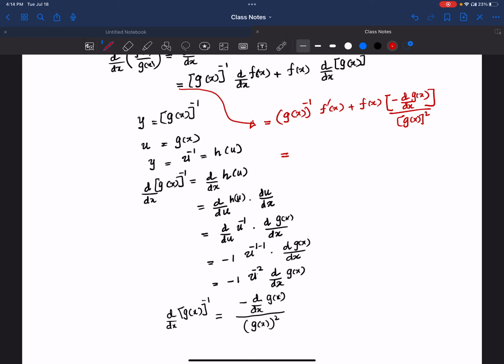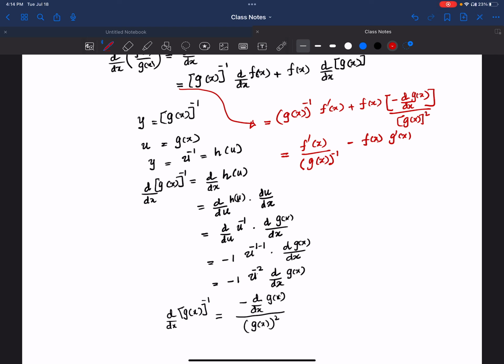You can write it as f prime x g(x) negative 1, plus f of x divided by, so negative sign, you can take the negative sign, g prime x.